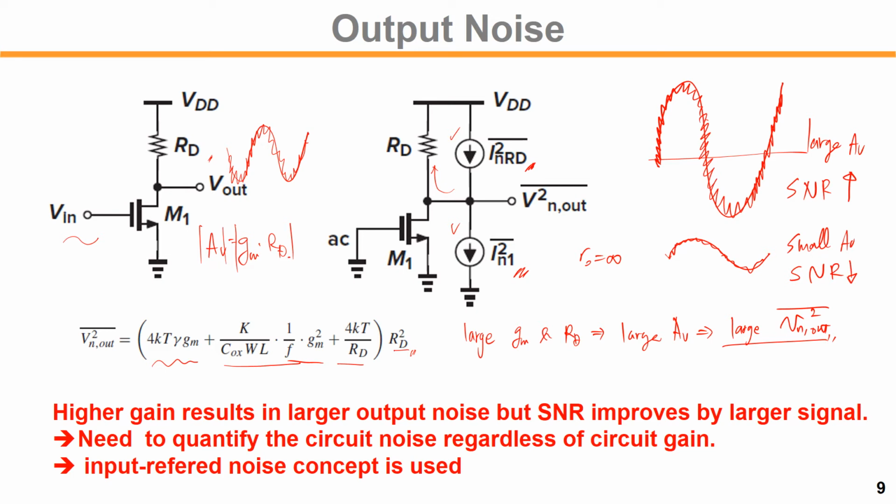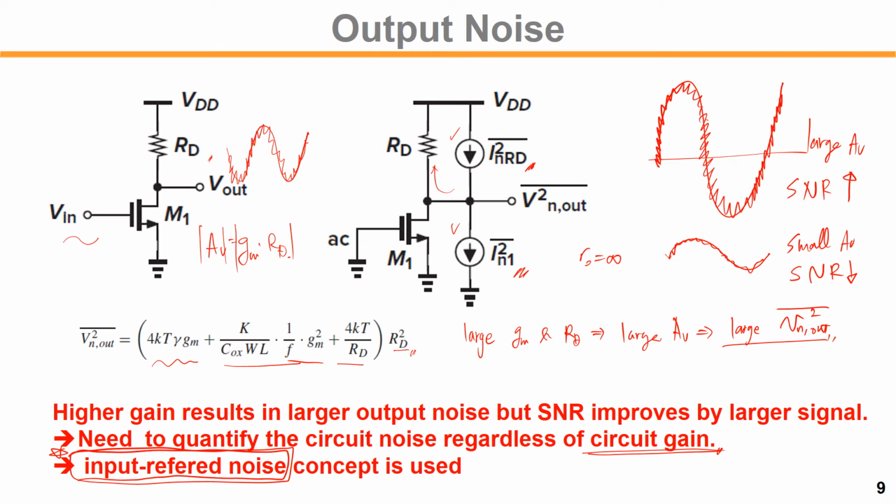So we have to look at the circuit from an SNR perspective. We need to quantify the circuit noise regardless of the circuit gain. That's why we are introducing the concept of input referred noise. So how do we get the input referred noise?